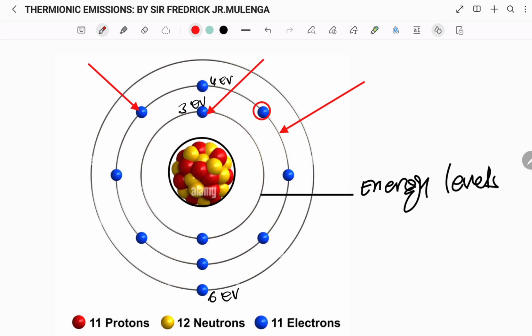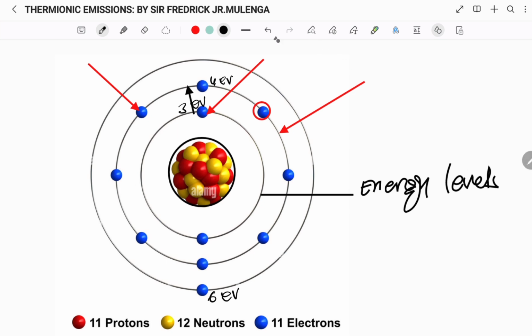Their energy increases, so they obtain more energy, and when they obtain more energy, it means that for the electrons in the first shell, this shell can no longer hold them. They will jump to the next shell, because they have graduated, they have gotten another energy.